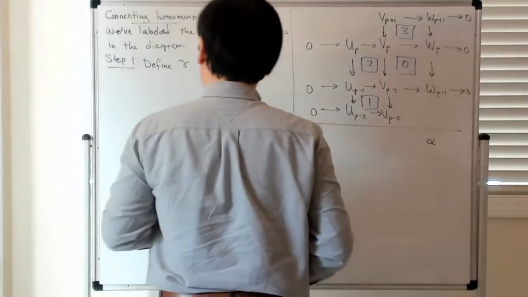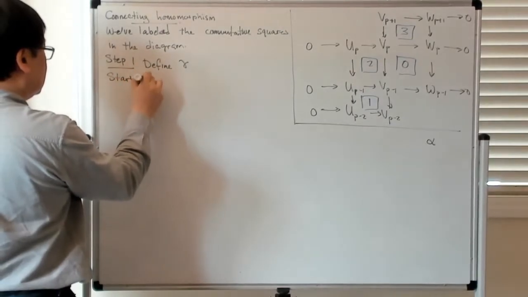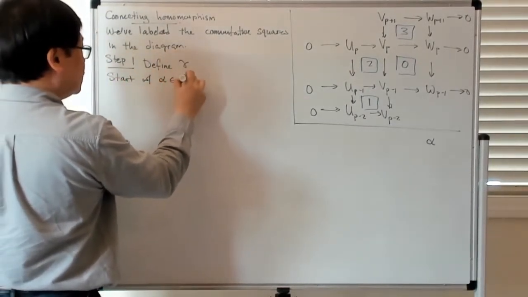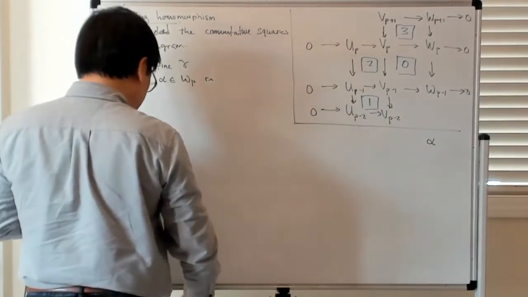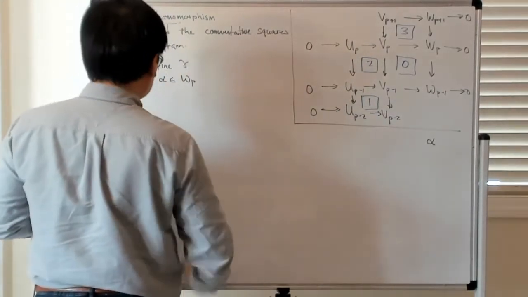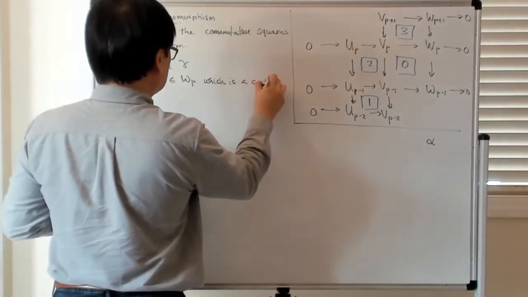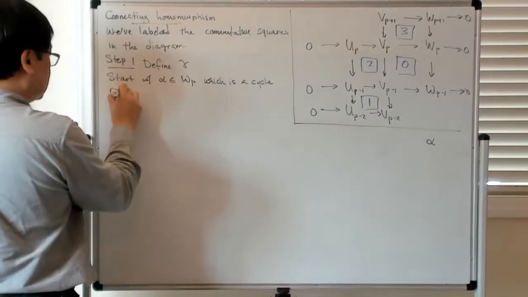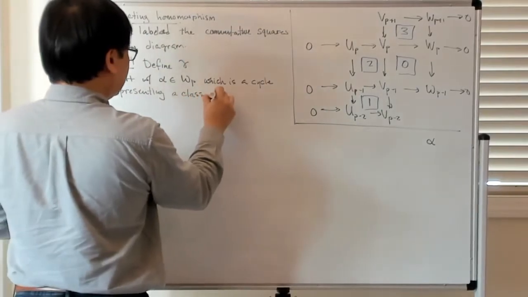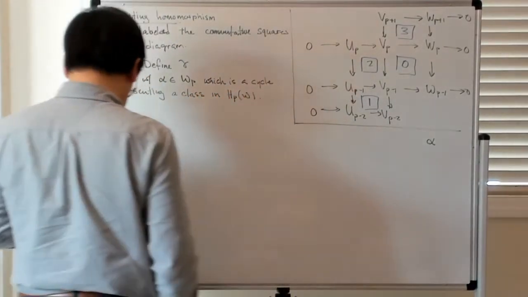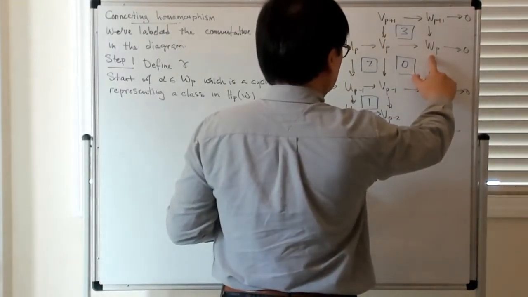We start with alpha, which is in W_p, and it should be a cycle because it's a generator of homology. So there's a cycle representing a class in H_p(W).